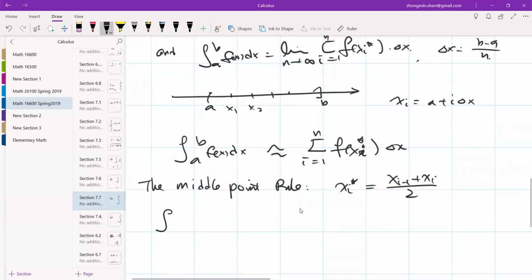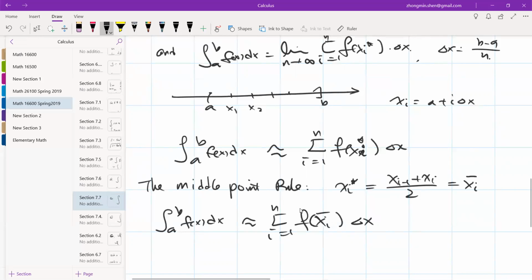Then the integral of the function is going to be f of this middle point, which has a special notation called xi bar, times delta x. This comes from the definition of the integral, because the limit of this Riemann sum approaches the integral. So if you choose special points xi star, then you can estimate.